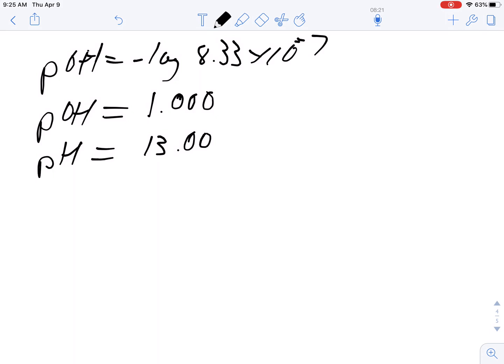The equivalence point of a strong base titrated with a weak acid should be above 7. The equivalence point should be basic.